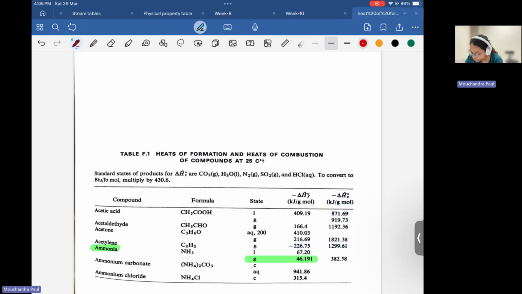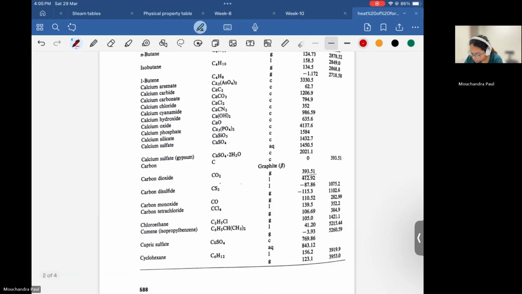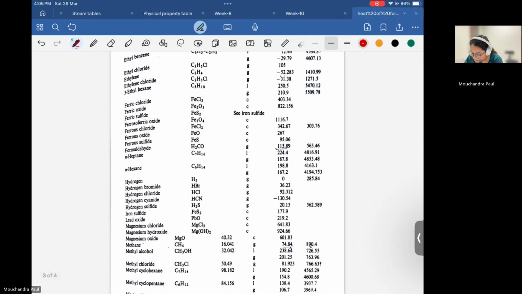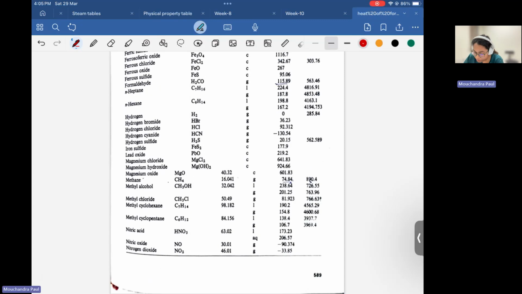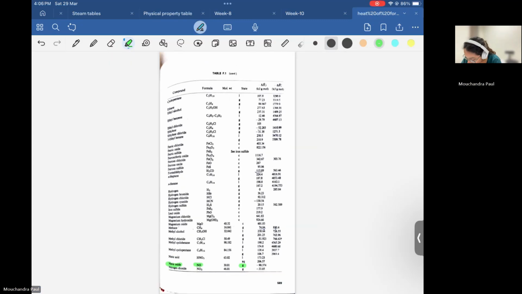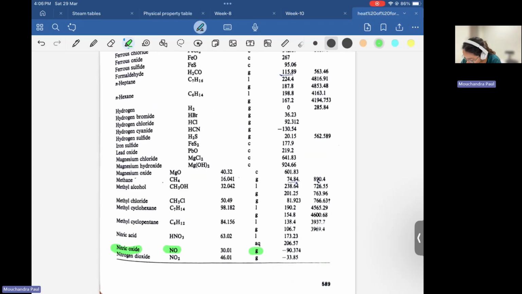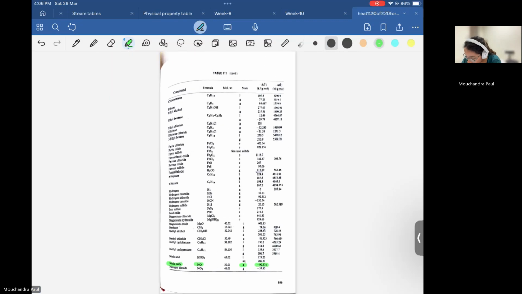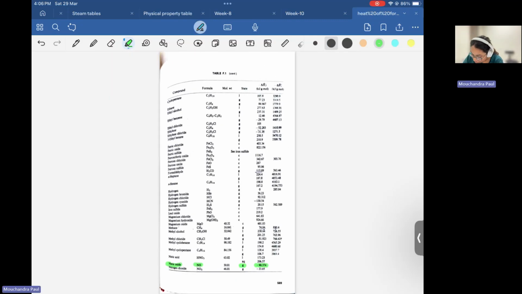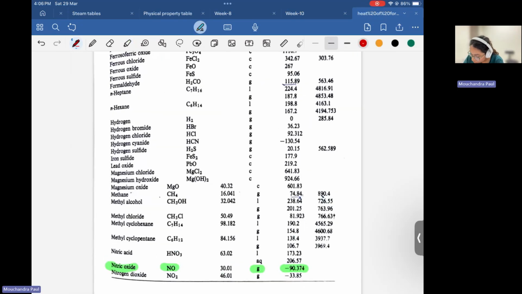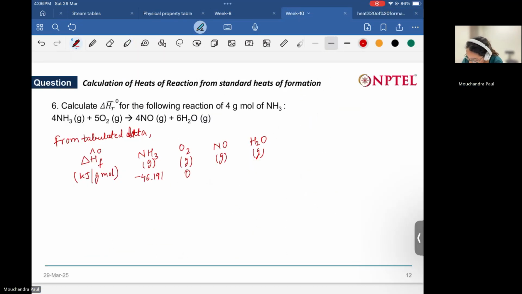What about NO? Nitric oxide in the gaseous state is plus 90.374.